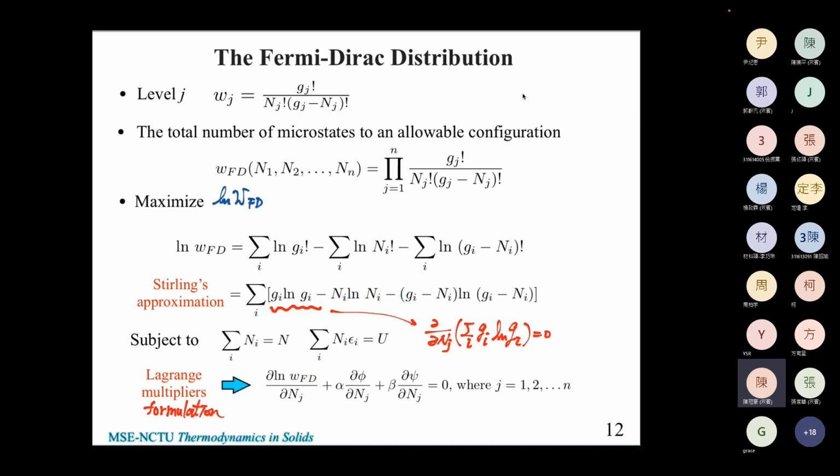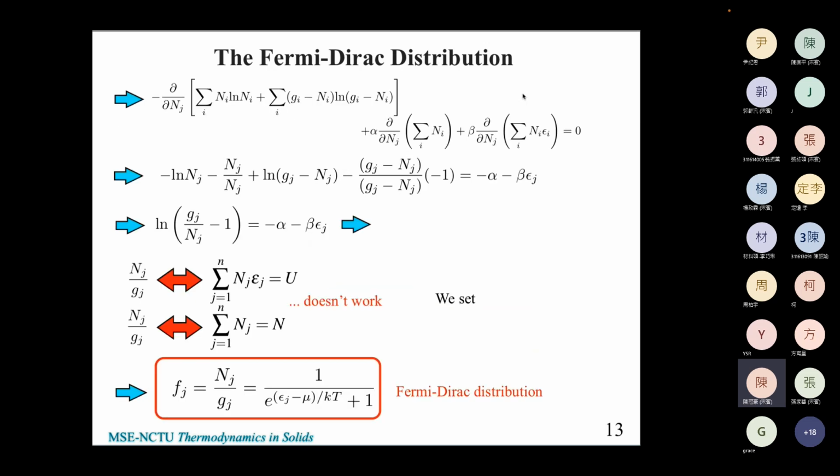After that, we do the differentiation together with the Lagrange multiplier, and we get this ugly form. But don't worry, Nj and this one can be cancelled. So after that, natural log blah blah blah equals minus alpha minus beta epsilon j.